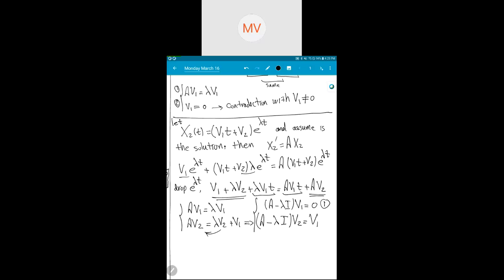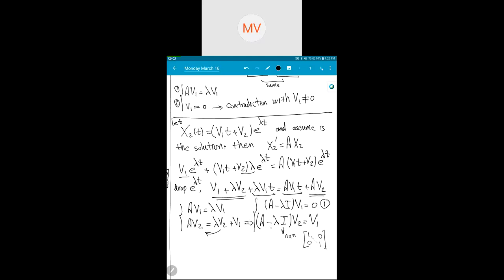Oh, Alex is asking where did I come from? So by I, he means this matrix. This is, again, the identity matrix. It's the n by n matrix with 1s on the main diagonal and 0s elsewhere. Since I'm factoring vector v2, if I simply write A minus lambda, it doesn't make sense, because remember, lambda is a scalar and A is a matrix. And matrix minus a scalar doesn't make sense, right?